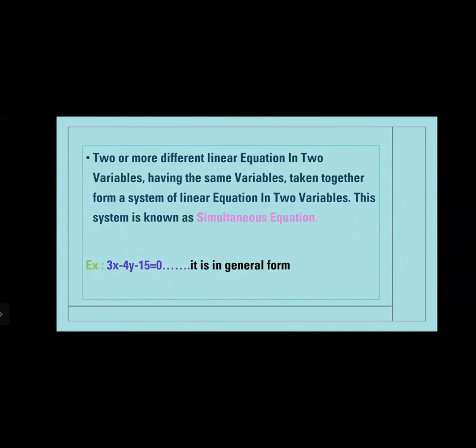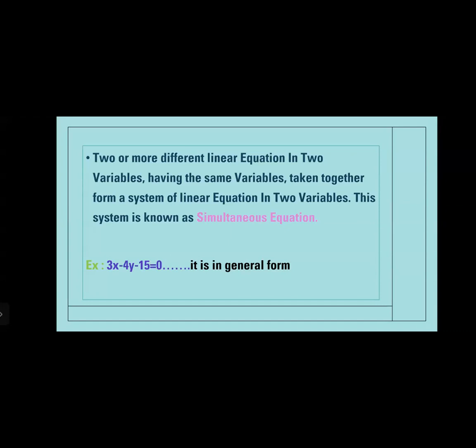Let us look at a small recap of the definition: two or more different linear equations in two variables having the same variables, taken together, form a system of linear equations in two variables.